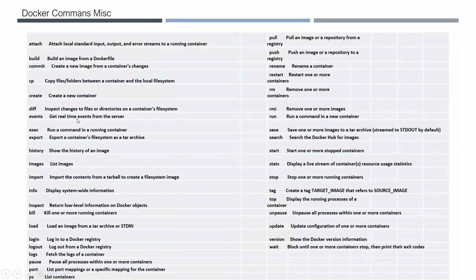All these are commands, and they will be prefixed by docker space build, docker space attach, docker space exec, like that. And you see how do you remove containers, that is using rm. How do you rename a container, restart a container, start a container, stop a container, and how do you tag. Tags are nothing but your metadata to identify the resources.